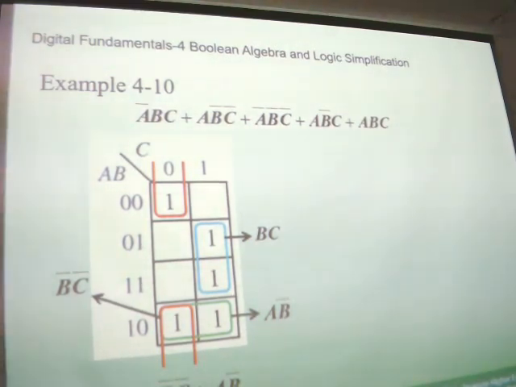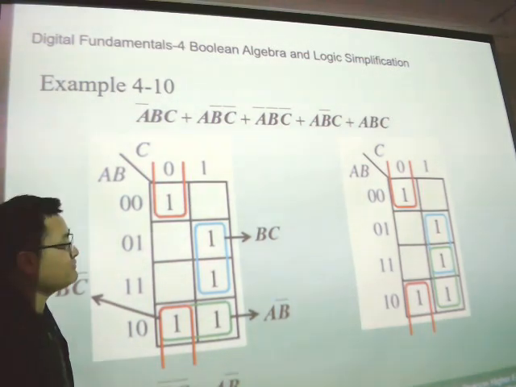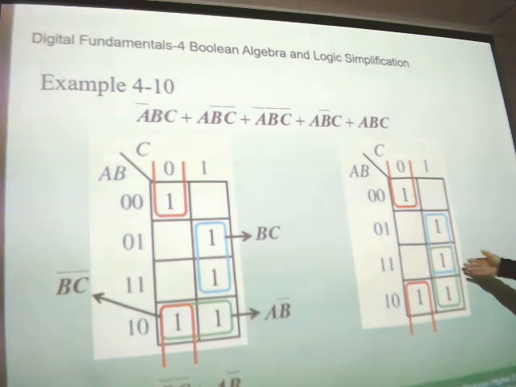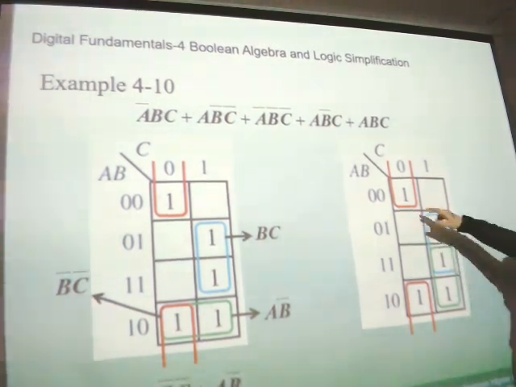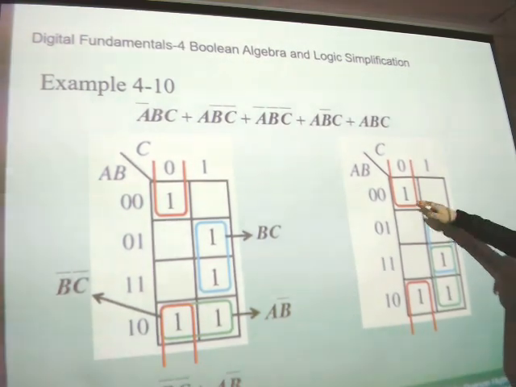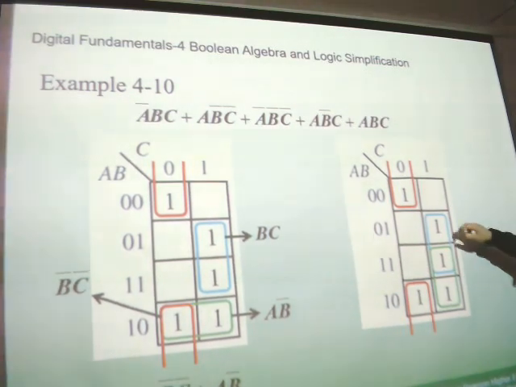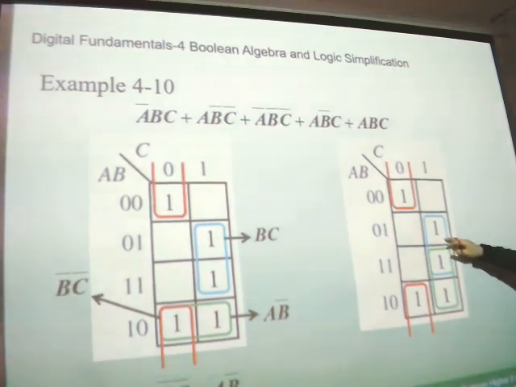The first method. The second method: if we divide the ones into these 3 groups, then this product term is B bar, C bar. This product term is BC, right?